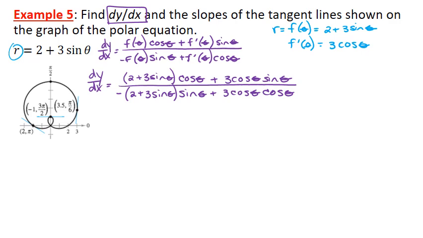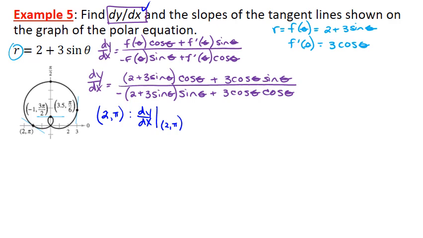All right, we have gone ahead and found dy dx, but now we want to find the slopes of each of these tangent lines shown. The first one I'm going to do is at 2 comma pi. So let's find the slope here. I'm going to find dy dx evaluated at the ordered pair 2, pi, where 2 is r and pi is theta.